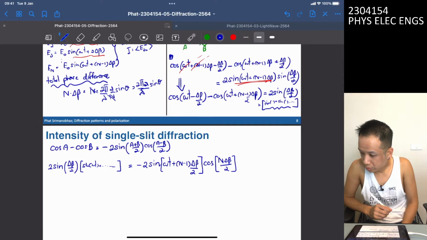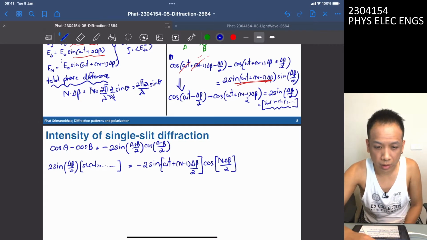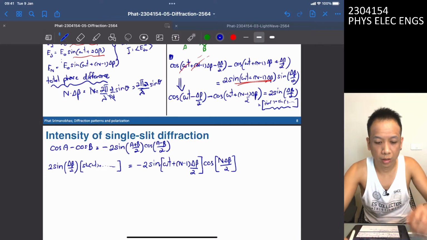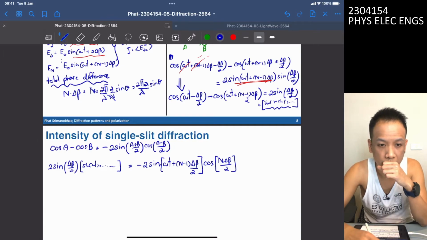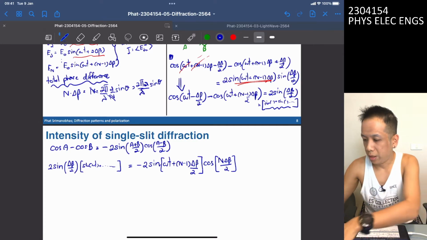Did I get something wrong? Just a second, I'm checking the trigonometric formula again. Maybe something went wrong when I wrote it.